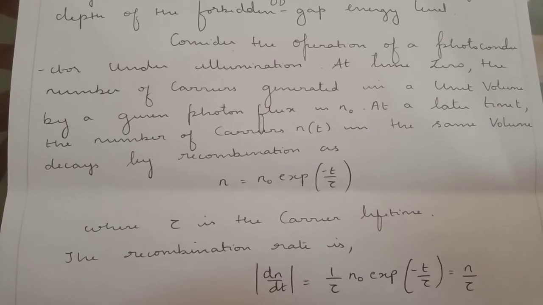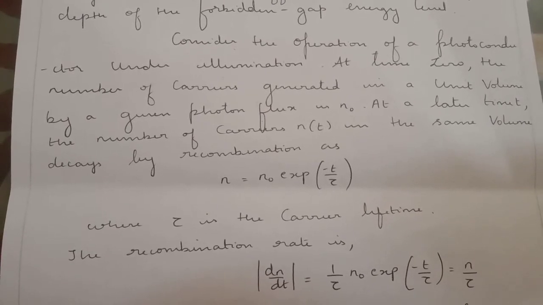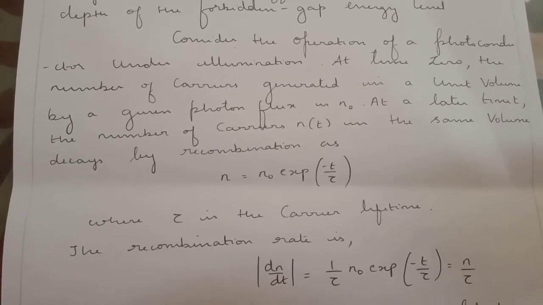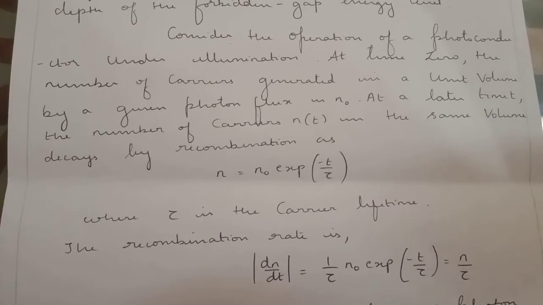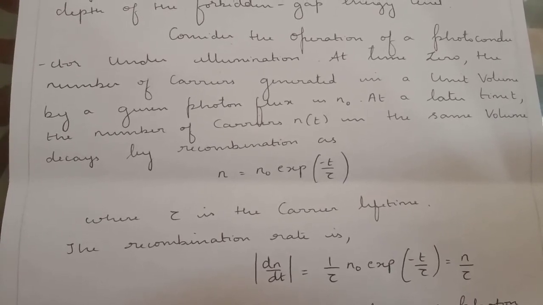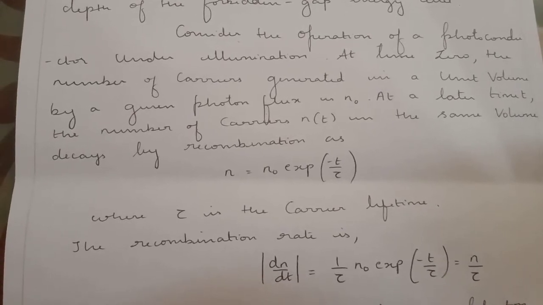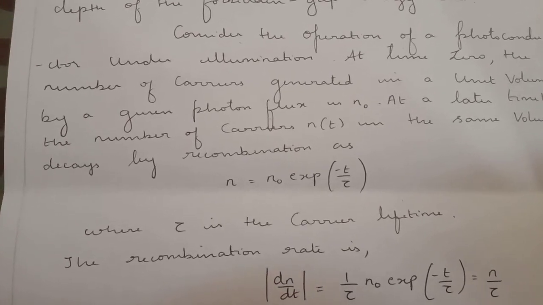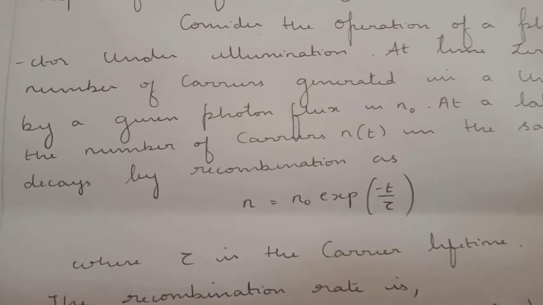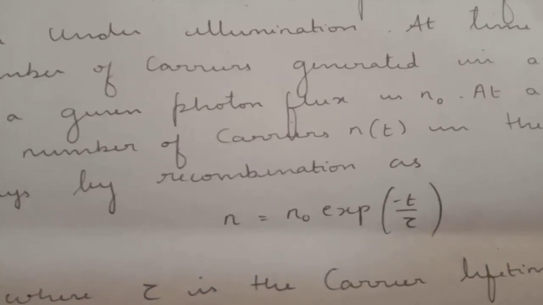Now suppose we consider a photoconductor kept under illumination, receiving photons of energy h nu. At time 0, the number of carriers generated in a unit volume by a given photon flux is n0, and at a later time t, the number of carriers n of t in the same volume decays by recombination, given by n is equal to n0 exponential of minus t by tau.